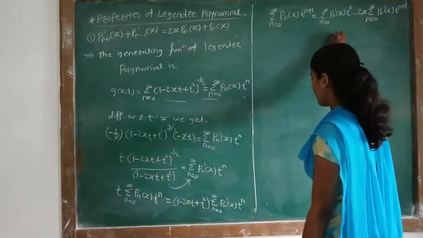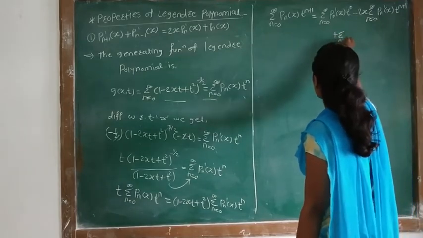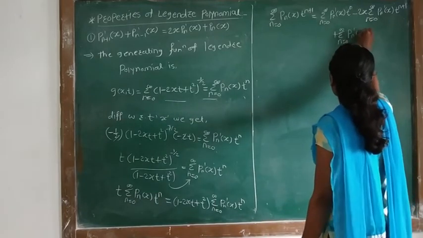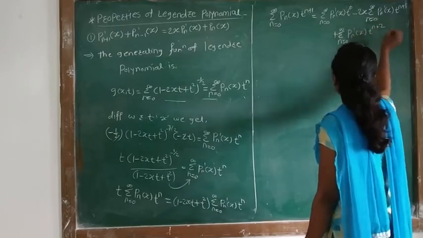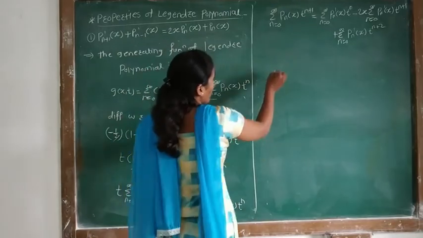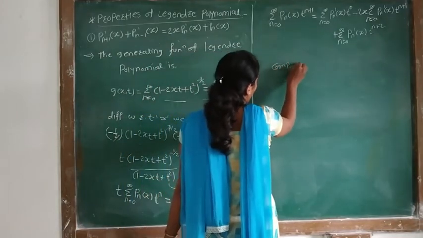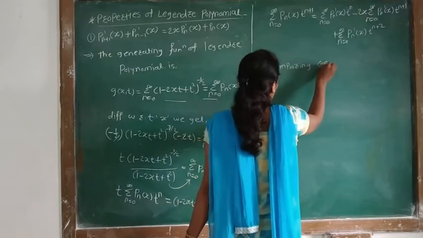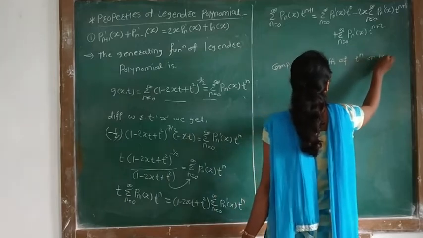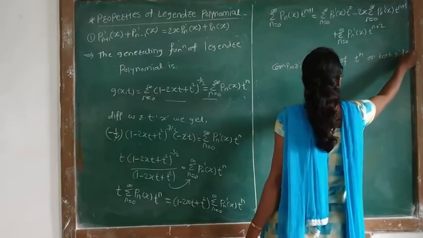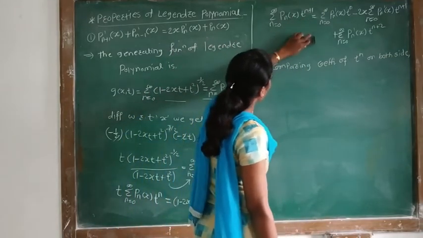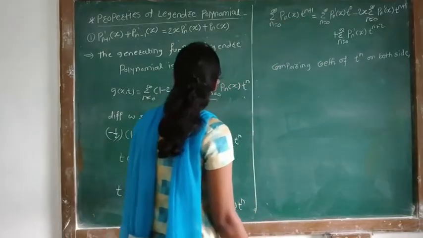plus summation over n is equal to 0 to infinity Pn dash of x t raised to n plus 2. Now comparing the coefficient of t raised to n on both sides. For t raised to n plus 1, therefore here n is replaced by n minus 1.